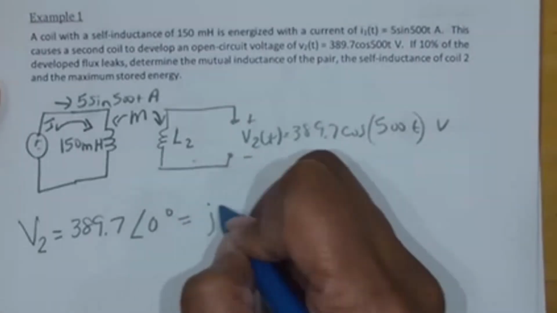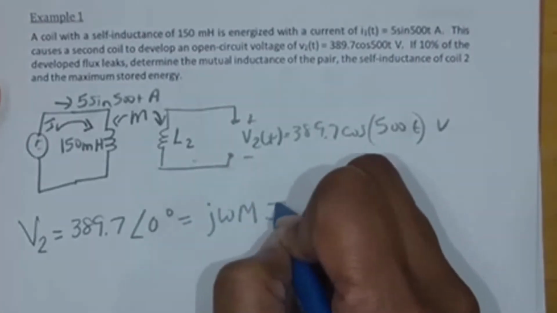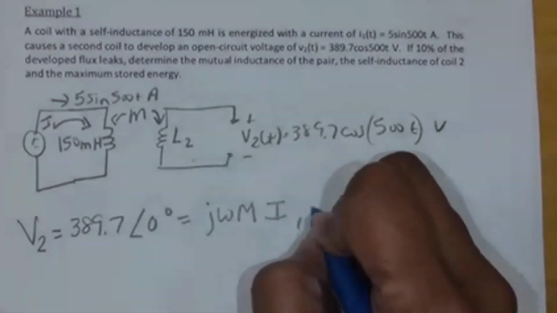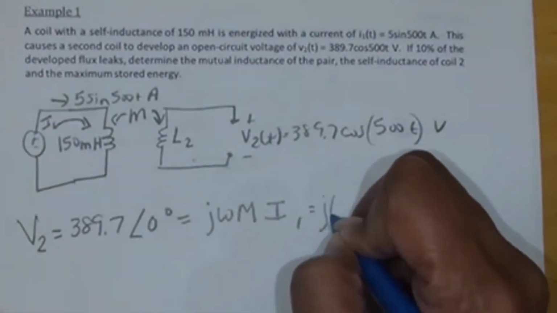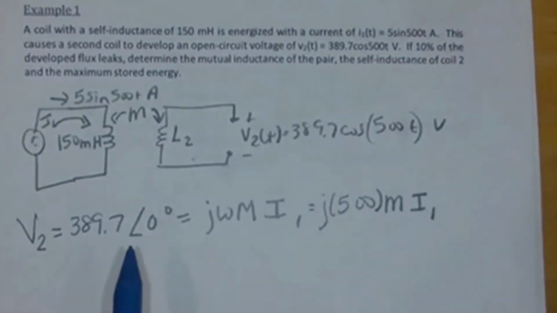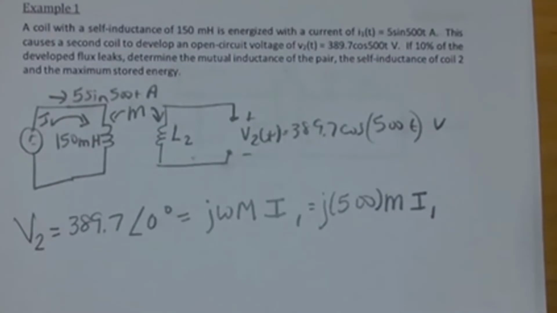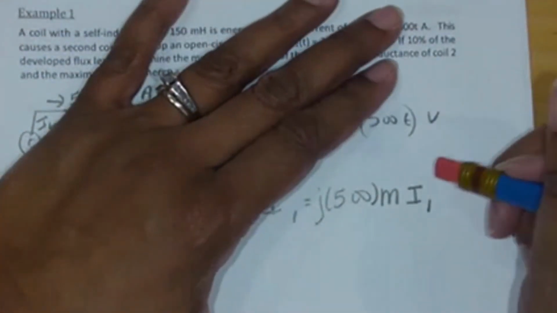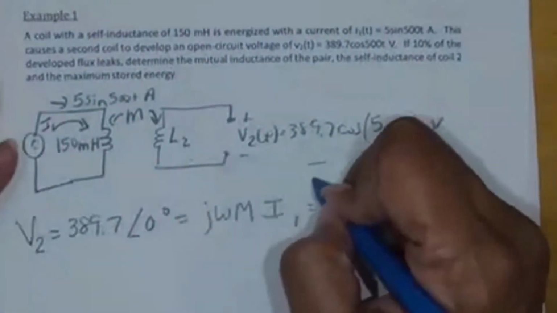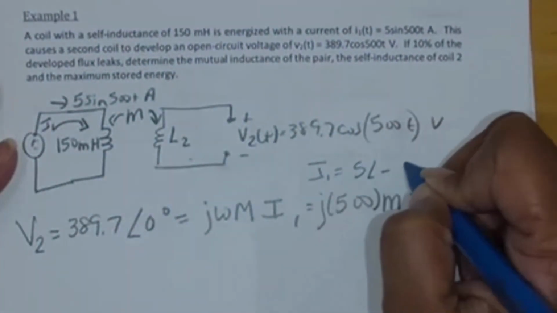So that voltage would be j omega M I1. So this is j times 500 times M times I1, and that equals 389.7. Oops, sorry, I meant to put I1 in here. I1 is 5 with an angle of negative 90 degrees. Solve for M.